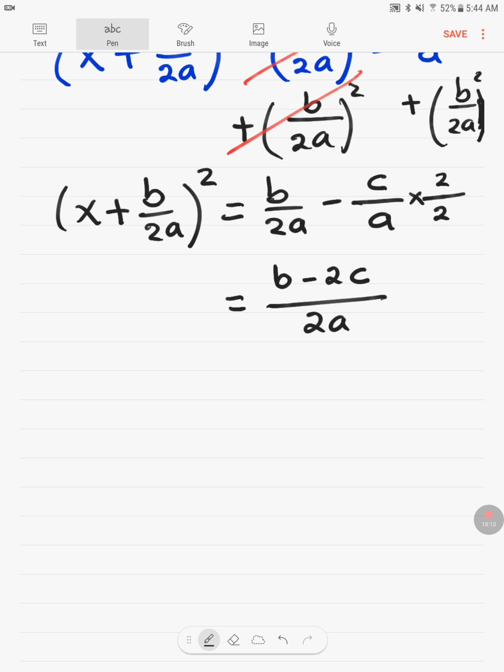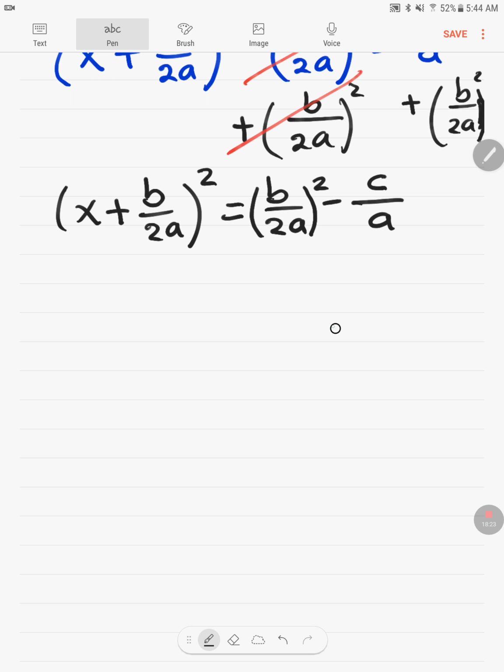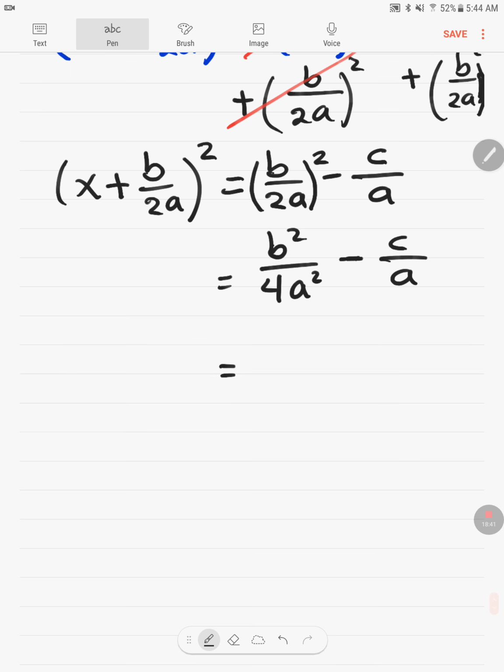Oh, there is a mistake that I just committed, and it's very easy to make mistakes. Now, if we add that square, it will change everything. Let's just rewrite it into b squared over 4a squared minus c over a.